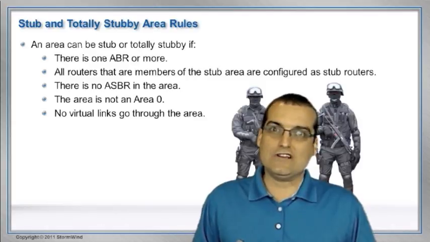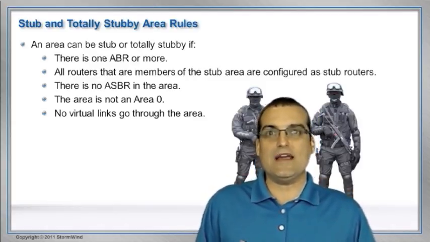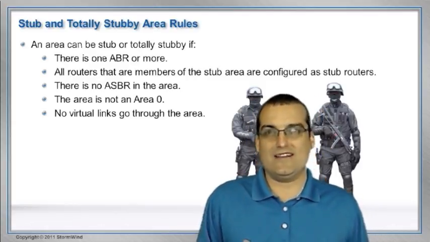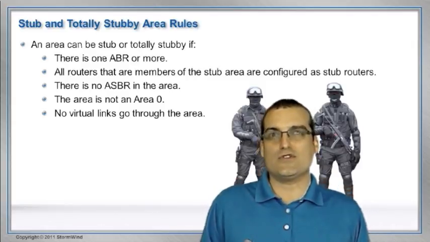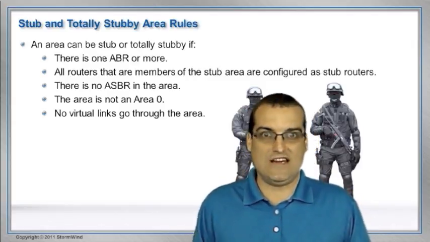Well, virtual links are not allowed through these stub or totally stub areas. So if you ever did have a design with a stub area and some other area that you needed to do a virtual link with, you'd have to go ahead and do something like a GRE tunnel.